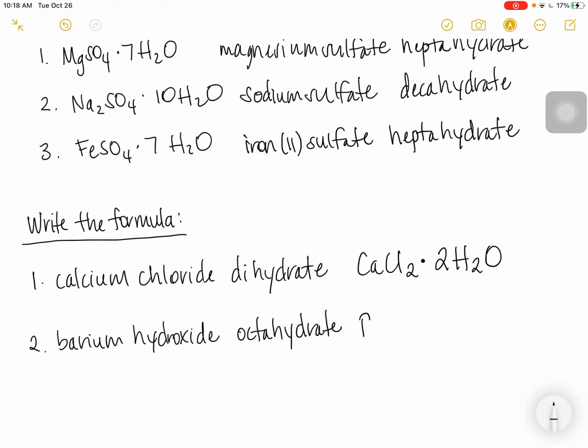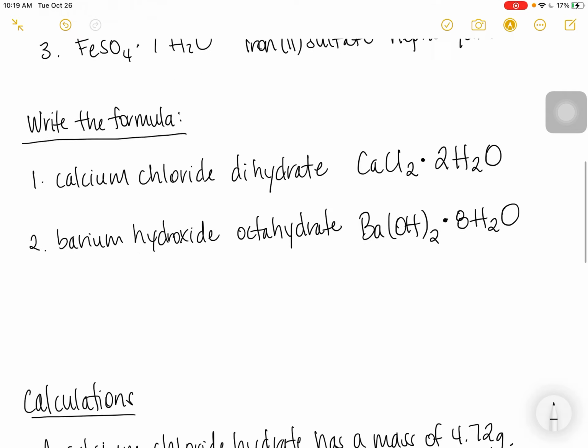And then barium hydroxide, +2 -1. Octa is 8, so dot 8 H2O. So there's how you could write formulas from hydrate names. It's just as simple as it sounds.